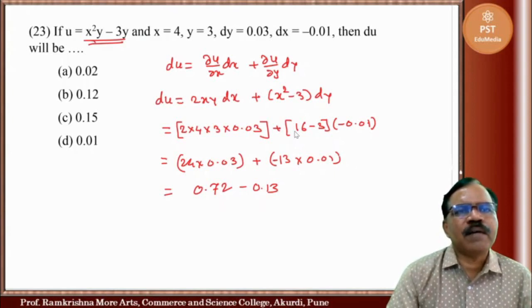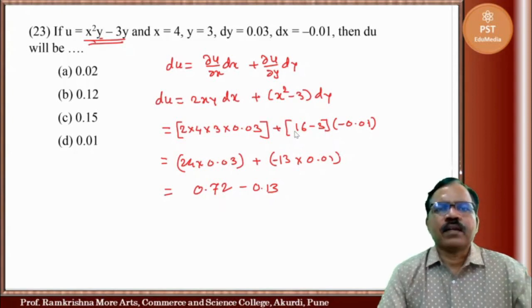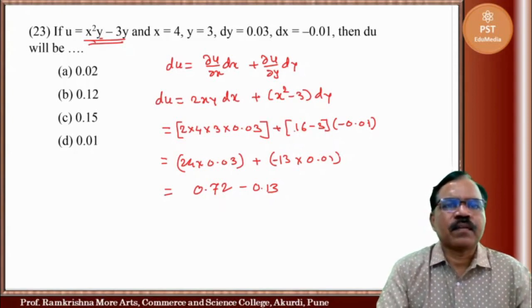∂u/∂x is 2xy. ∂u/∂y is x² − 3. So 2 into 4 into 3, sorry, here I have made a mistake.